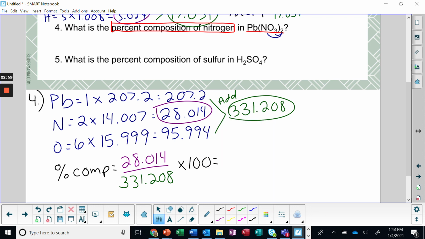Times 100, and you should get 8.5%. So I'll just write that right here. Okay.